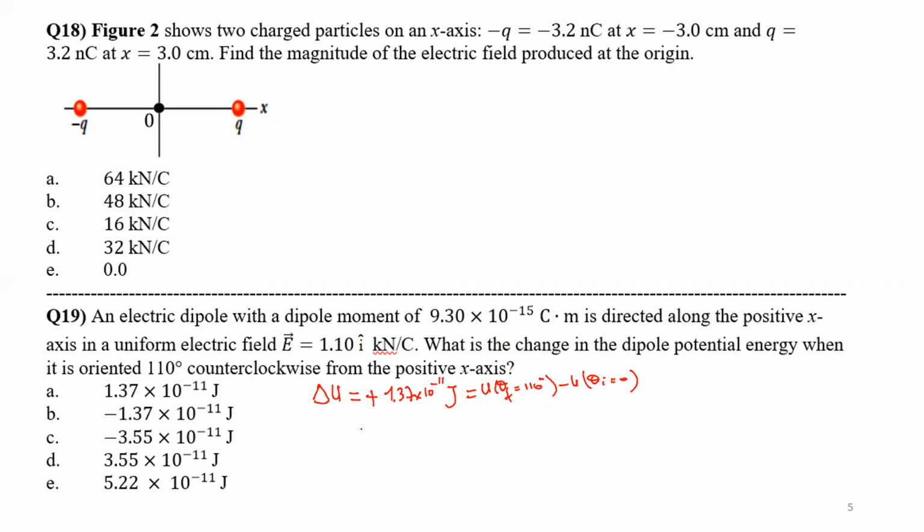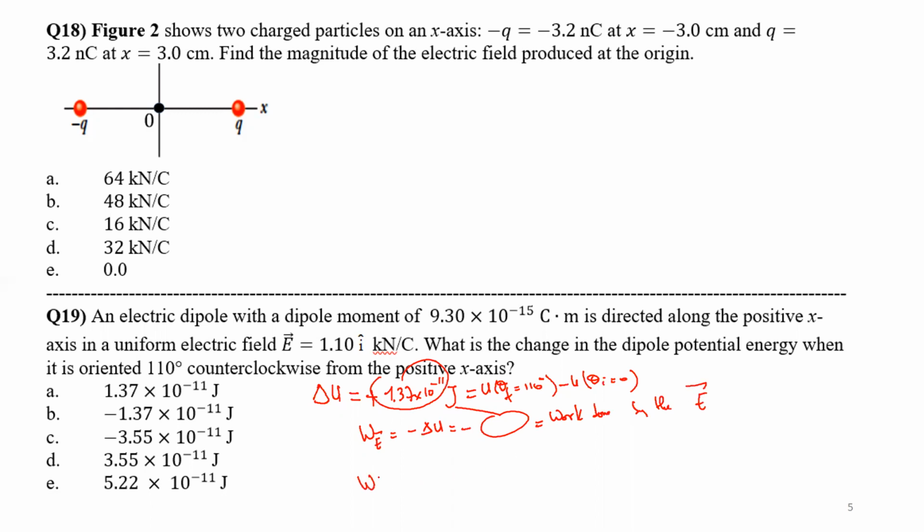Okay, so let me just remind you what we said in class. Work applied by the electric field is just minus delta U. And this will be minus this number here. Okay, and this is the work done by the electric field.